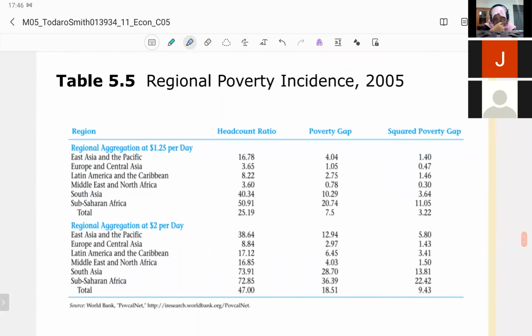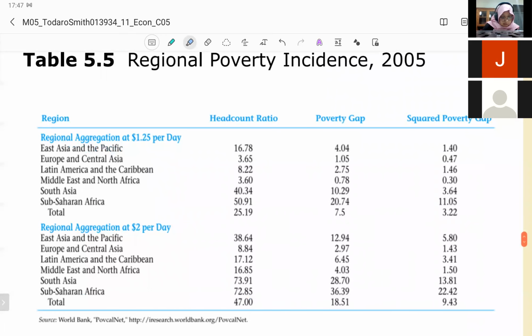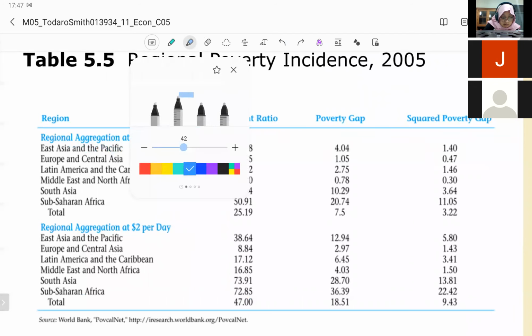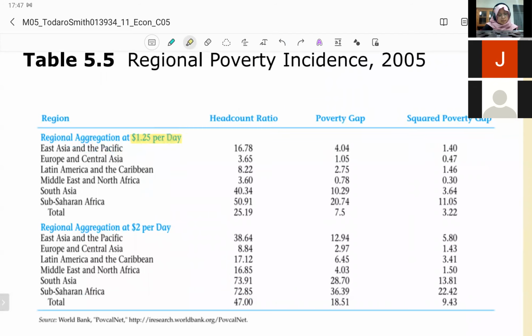And then the regional poverty incidence. This is the regional aggregation of $1.25 a day. In East Asia and Pacific, the headcount ratio is about 16%. Meanwhile, in Sub-Saharan Africa, it's about 50%, and the poverty gap in East Asia and Pacific is only about 4%.